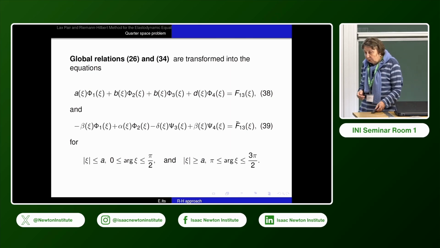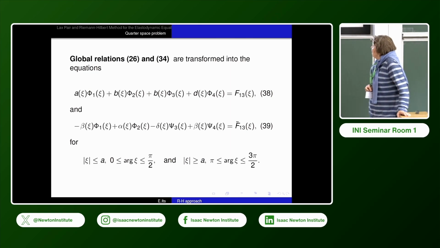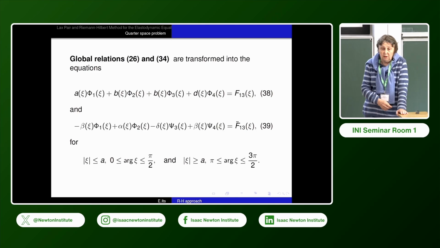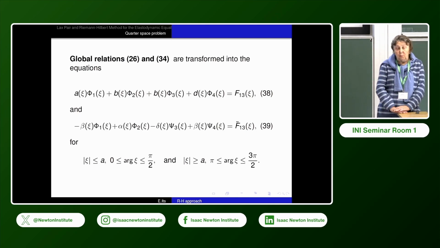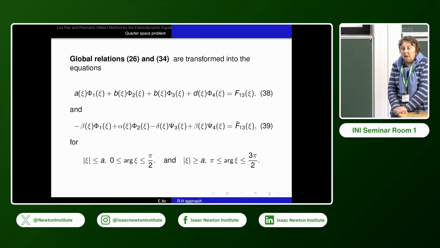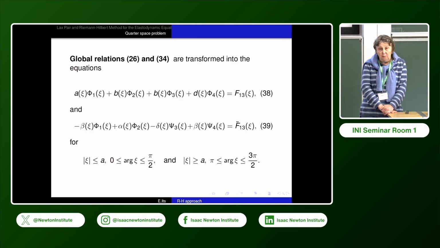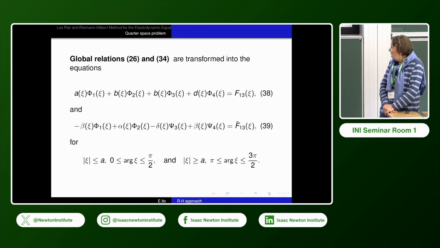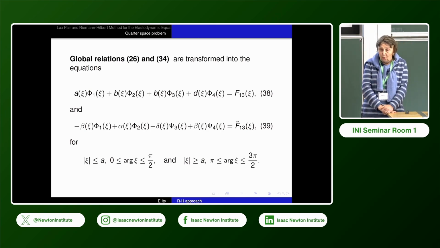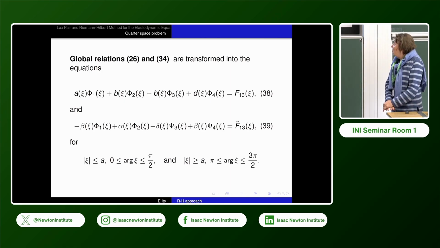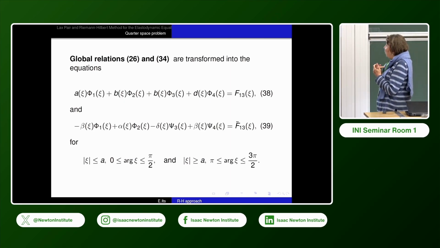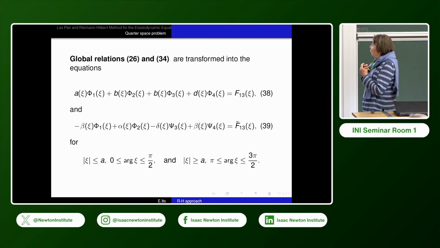And at that point, I want to say that this system of global relations is actually the basis for setting up a new auxiliary Riemann-Hilbert problem, because certain symmetries in this problem allow us to multiply the global relation, to move the global relation to the whole complex plane.